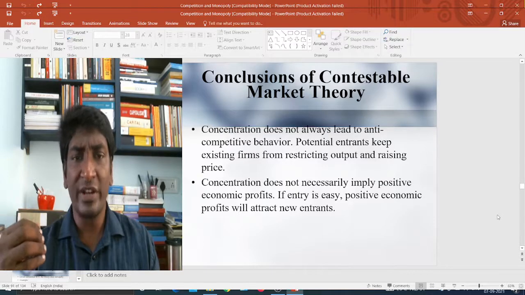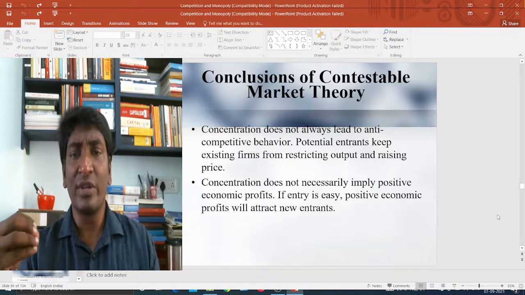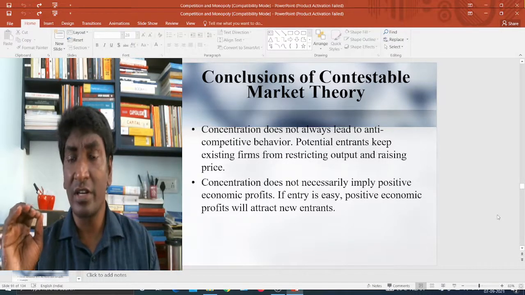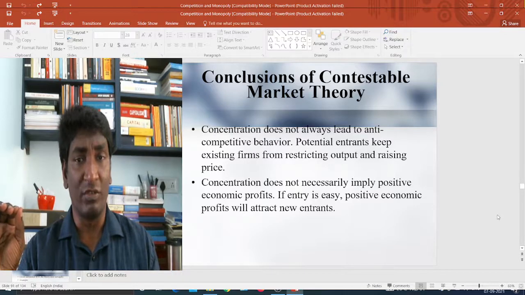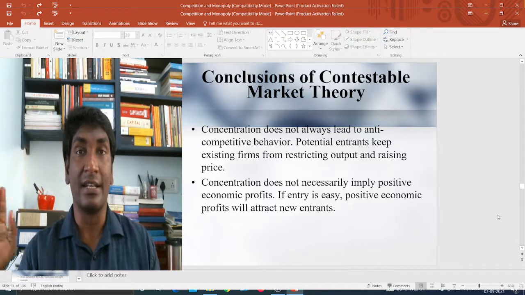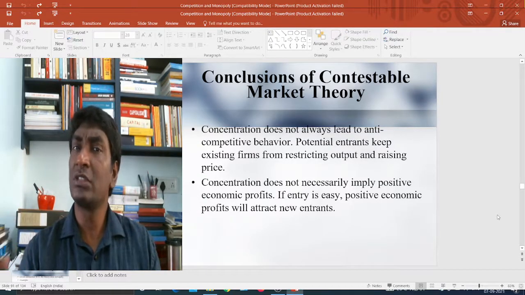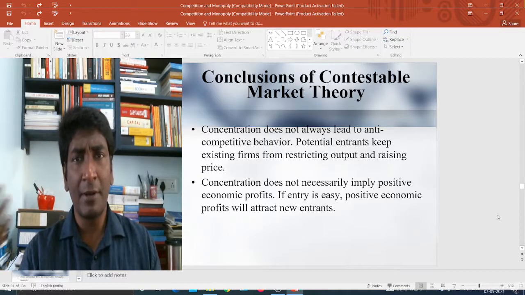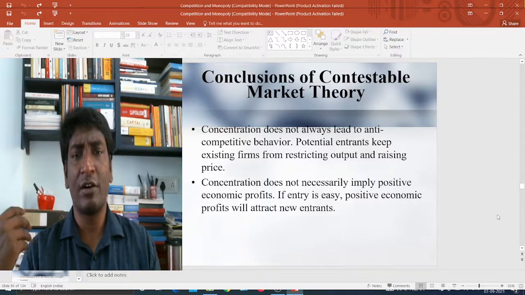So again, as a concluding point, concentration does not always lead to anti-competitive behavior. This is what I see. Concentration we had already discussed as part of the oligopoly firm, and it does not necessarily lead to anti-competitive behavior. There is a possibility that you sell at a lower price. Of course, people call it predatory pricing, but still you supply at a lower price, and potential entrants keep existing firms from restricting output and raising price.